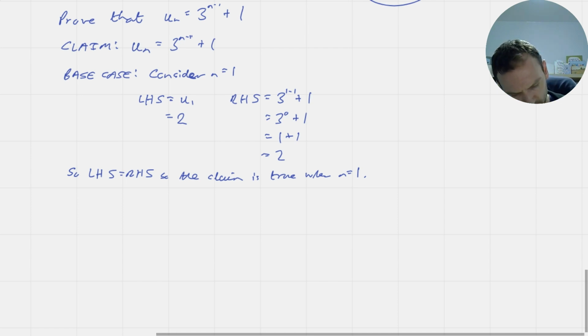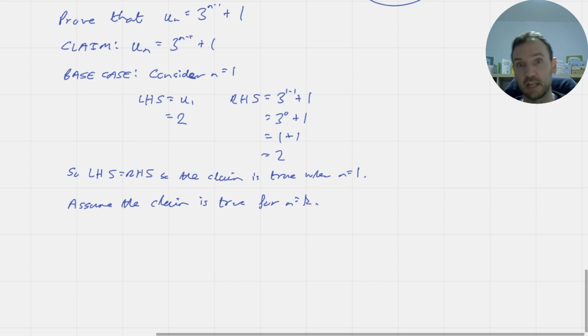So at this point, we're going to assume the claim is true for n equals k. It's essential here that you write that as it is, not writing assume n equals k, which might feel like it's saying the same thing, but assume n equals k is saying we're assuming something about the value of n.